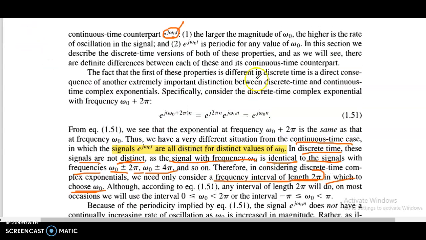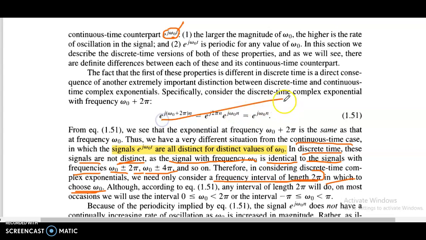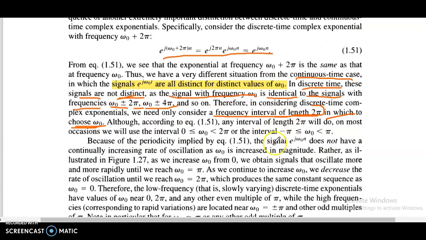Although, according to equation 1.51, e^{j(ω₀+2π)n} equals e^{j2πn} e^{jω₀n}, which equals e^{jω₀n}, any interval of length 2π will do.